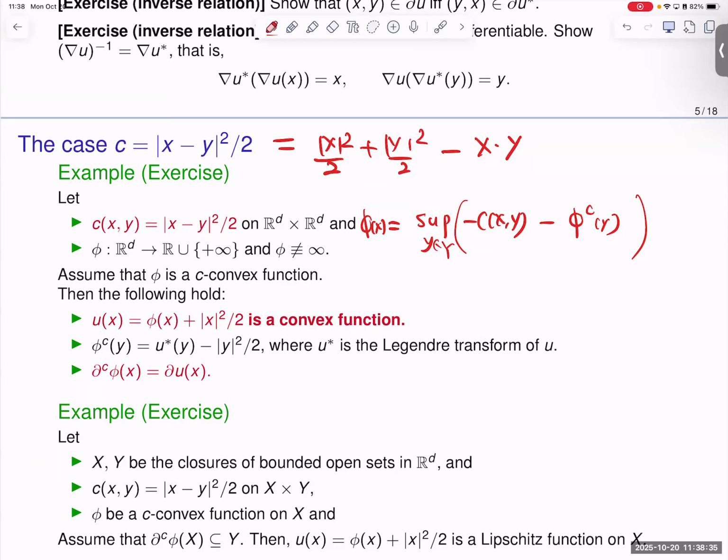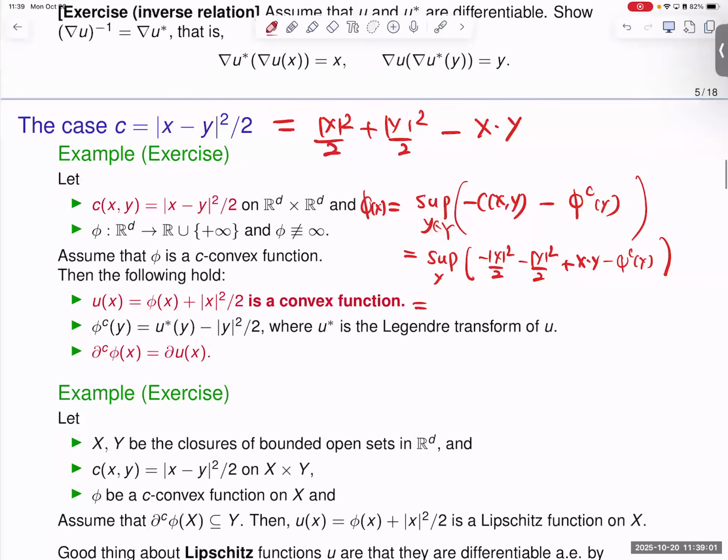Then, when c is the squared distance, this is minus x squared over 2 minus y squared over 2 plus x dot y, and minus phi c of y.